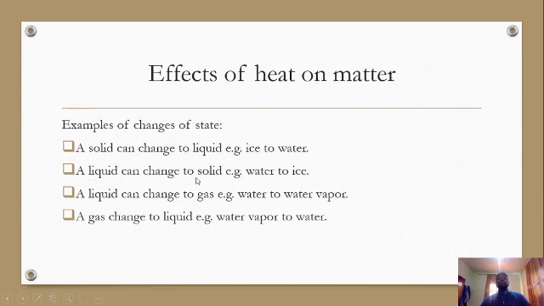Again, a liquid can change back to solid. Yes, water to ice. If you freeze water, it will become ice, which is solid. So water is liquid, ice is solid.